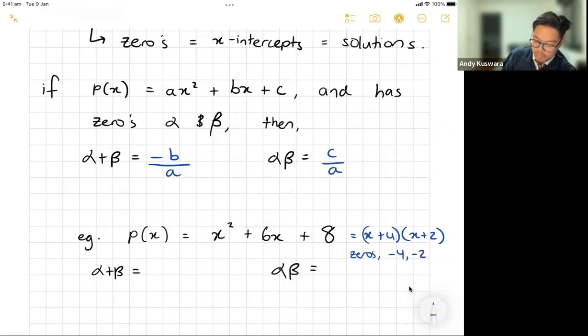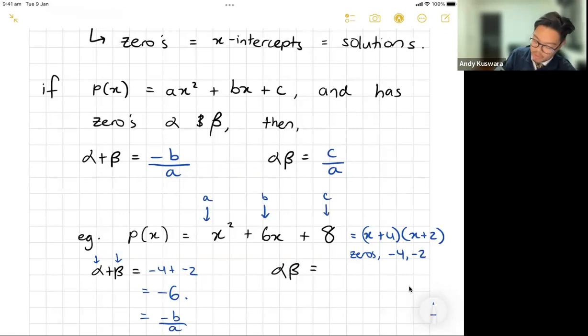Now, if I add my two roots together, which is my alpha and my beta, it's going to be minus 4 plus minus 2, which in other words is minus 6. And surprise, that is also minus b on a, right? So that's being b. And then a in this case is 1, c being 8.